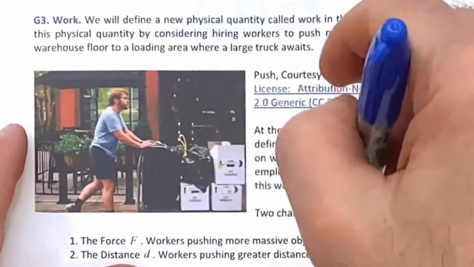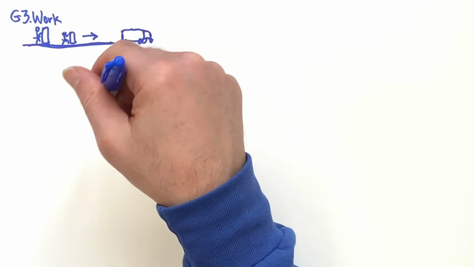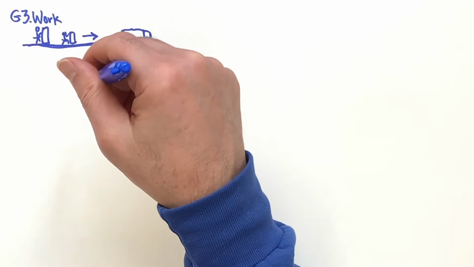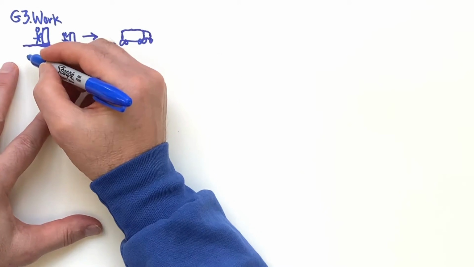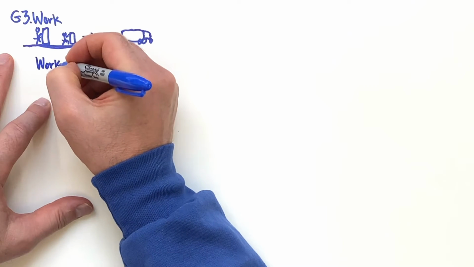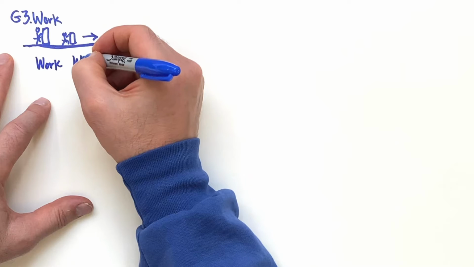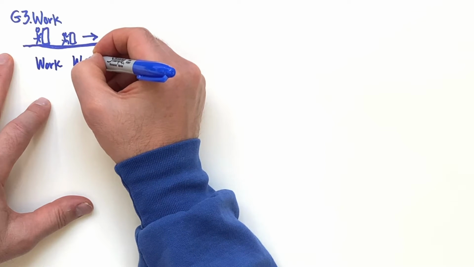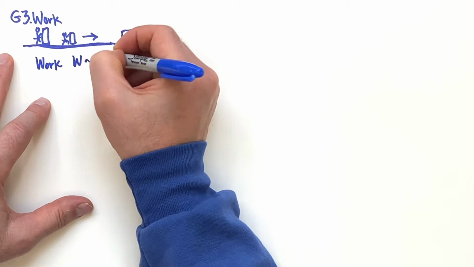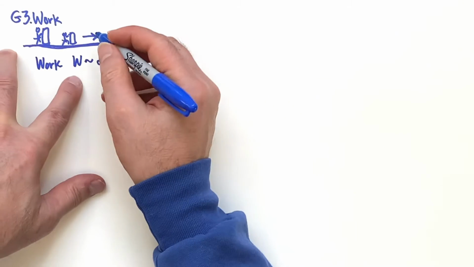And the problem that we're dealing with here doesn't matter if you're pushing with heavy wheels or not. So the idea is if we're going to pay people based on the actual work that they do, what we would consider is that the work, and here W stands for work, is proportional to the distance. That if you push farther, you should get paid more.